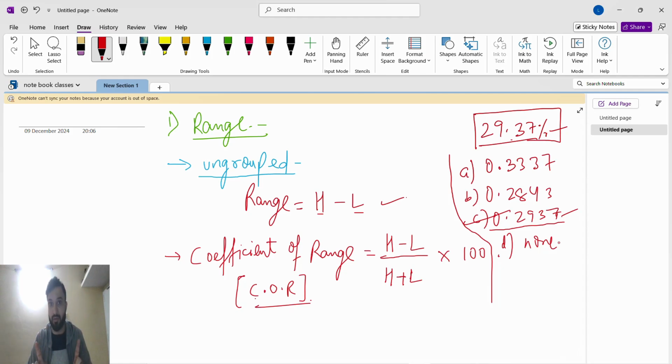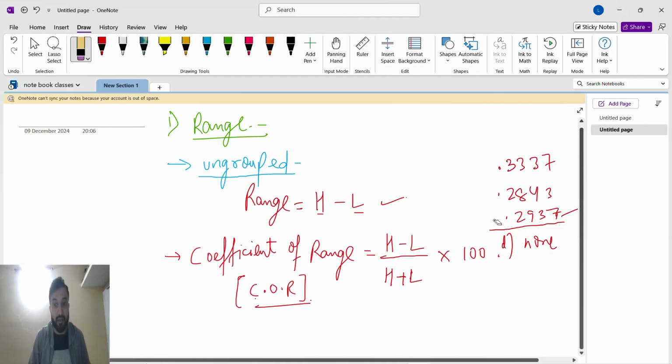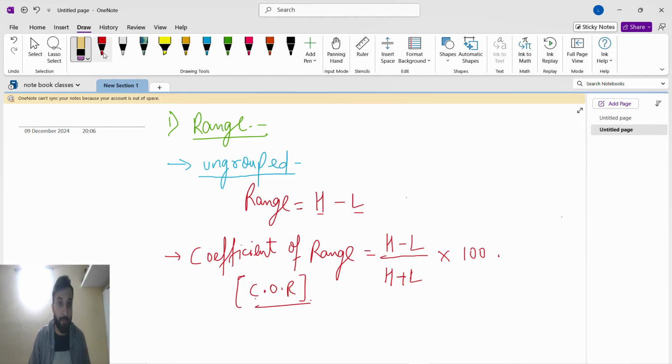Be careful, don't make mistakes in the examination. And this is the only correct formula: H minus L divided by H plus L into 100. In statistics you have to remember the formula also, because they will ask the formula.